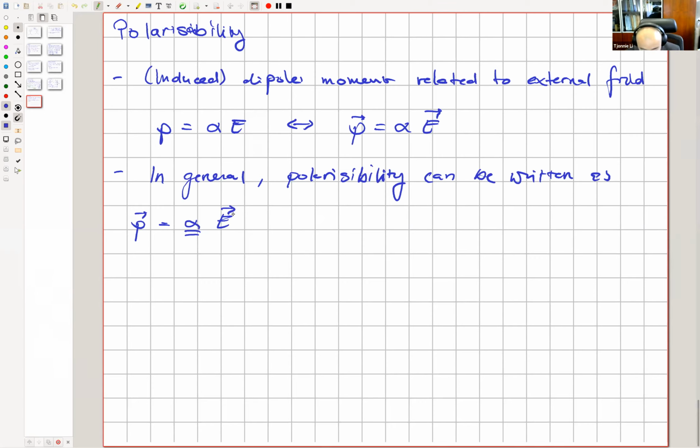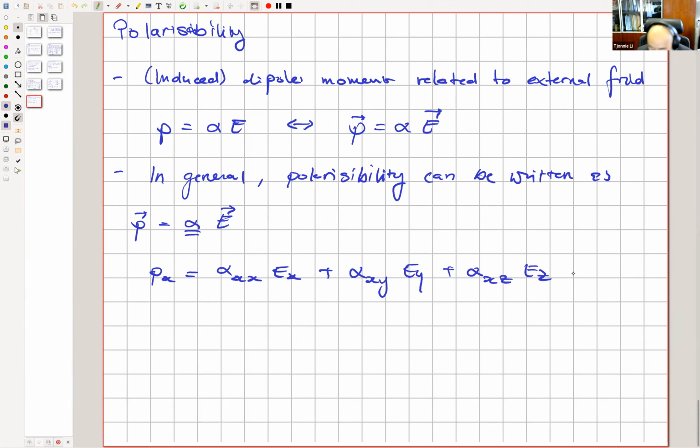Again, we're not going to go into details about what this exactly means and the details of second rank tensors. But what we can say is that we can write P_x, the x component, is just alpha_xx E_x plus alpha_xy E_y plus alpha_xz E_z.